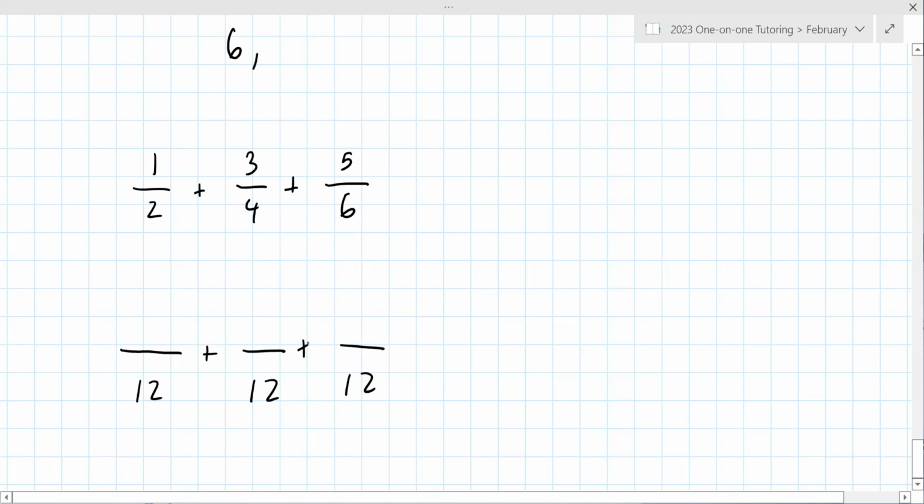What I'm asking you to do here is to figure out what you multiply 2 by to get to 12, and then multiply the top number by the same thing.